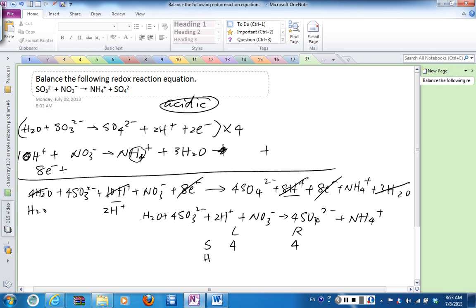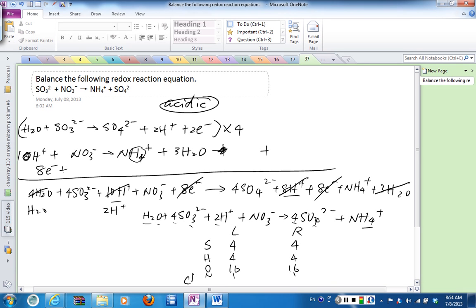Hydrogen: 2 hydrogen, 2 hydrogen, so 4 hydrogen on the left side and NH4, 4 hydrogen on the right side. Oxygen: 1, 3 times 4, that's 12, so 13, and 3 more, 16 oxygen. 4 times 4, 16 oxygen. Nitrogen, 1 on the left, 1 on the right.